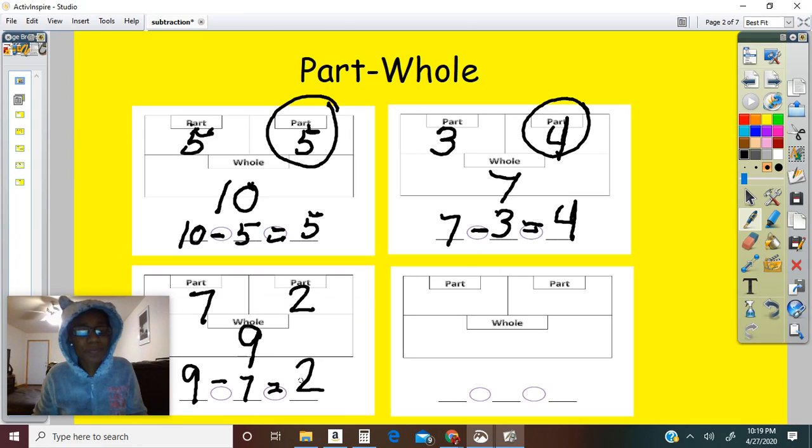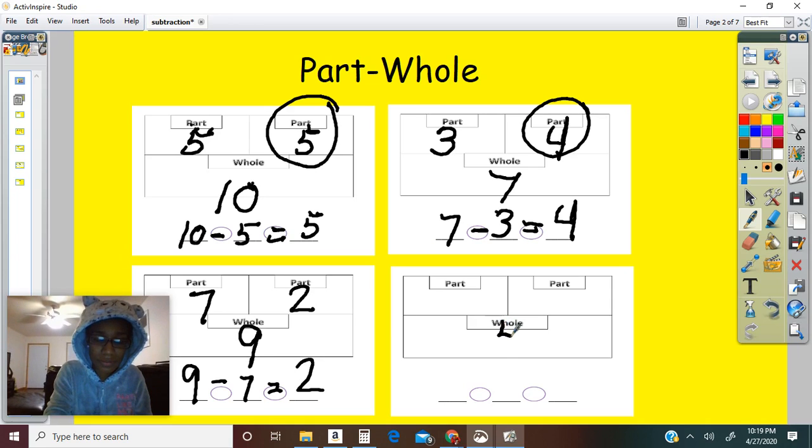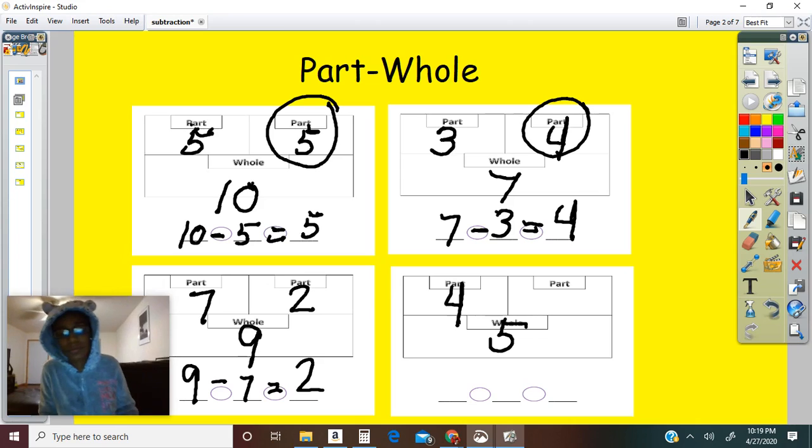The last one, I'll let you decide if you can get it right. Here it is. Go ahead and put that into your number sentence and see if you can figure out a subtraction problem and the answer.